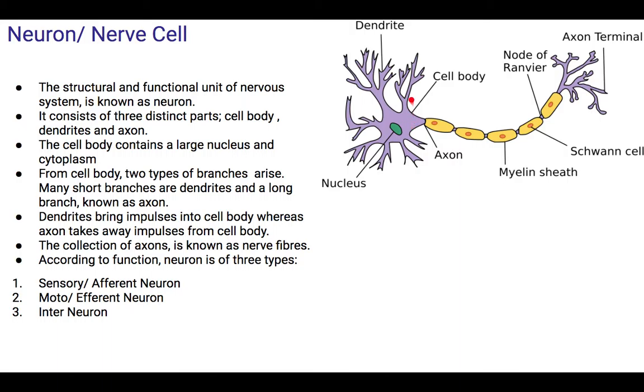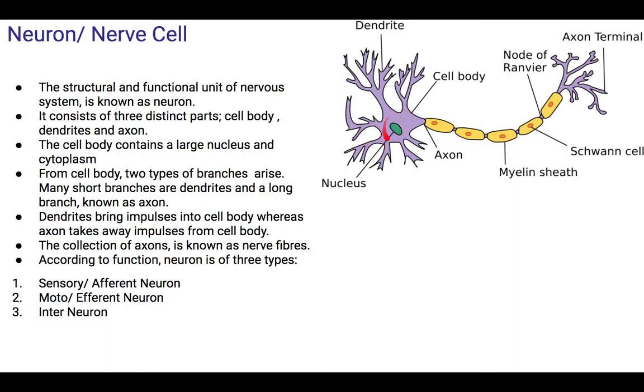Now let's go to the function of dendrites and axon. Such nerve cells are all interconnected to each other. The axon of one nerve cell is connected to the dendrite of another nerve cell, so in this way it makes one long thread of nerve fibers. The dendrites collect the impulses or messages from another nerve cell and bring them into the cell body.